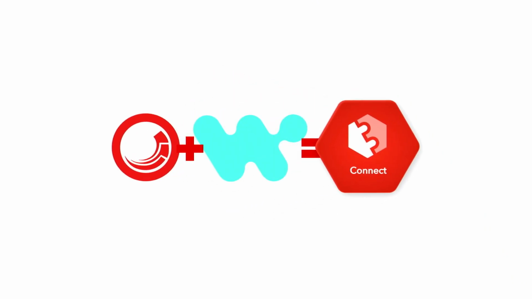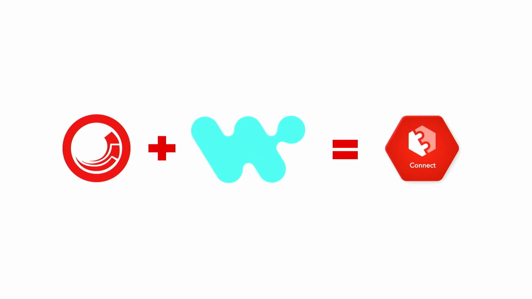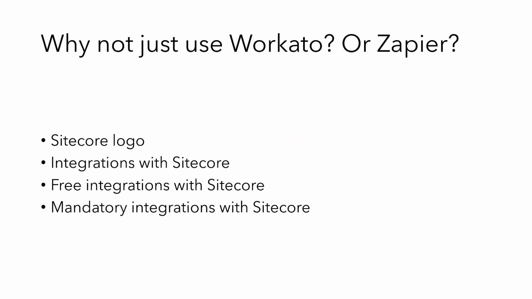Unlike other cloud-based products, Sitecore Connect wasn't acquired, and it's not a Sitecore product. It's a result of cooperation between Sitecore and Workato, and Workato simply provides such an automation platform for general purpose. So that might create an obvious question: why would we use Sitecore Connect instead of Workato or Zapier or any other tool?